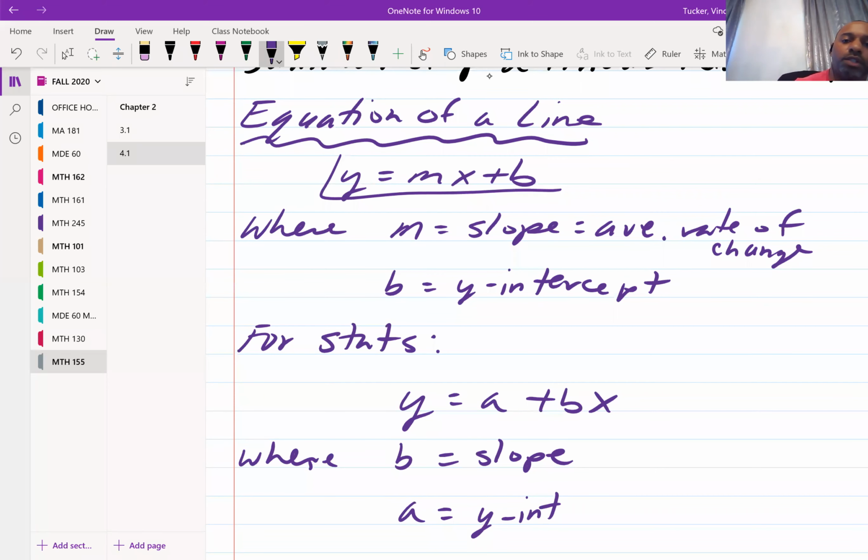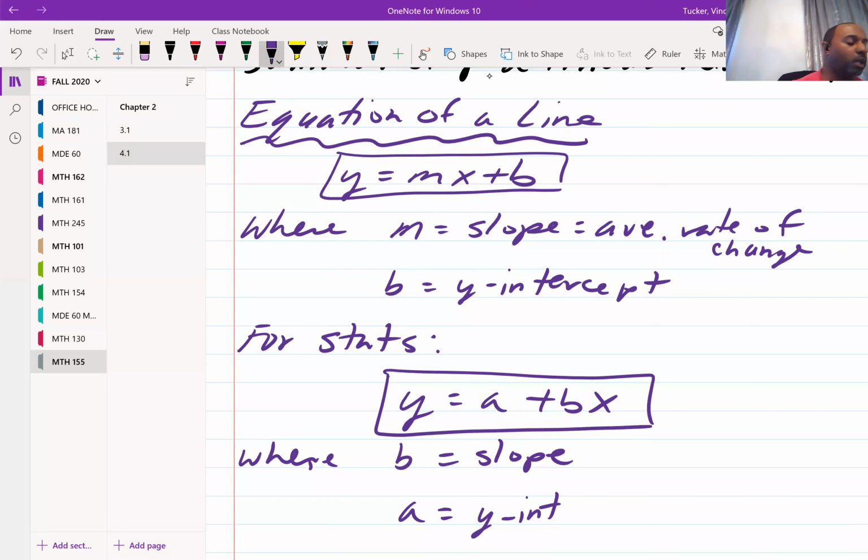So they just did this to compare the differences between what you've seen in algebra to how it's set up in this book. But once again, whatever's sitting in front of x is going to be your slope. Here it was m. Down here they call it b, and then the other number is your y-intercept.